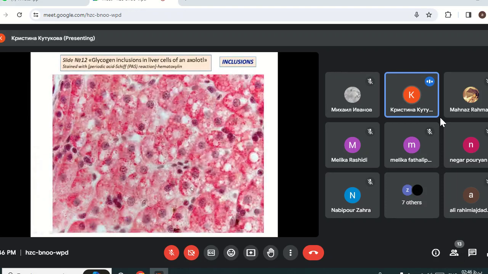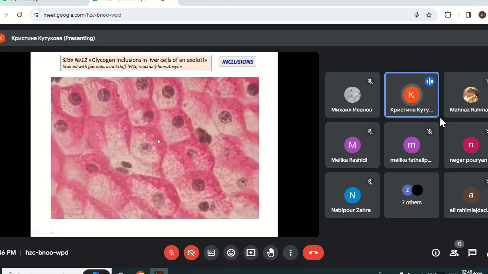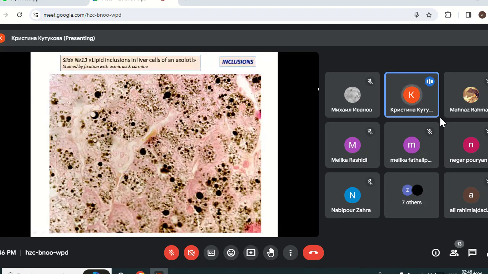At high magnification, you can see these cells, hepatocytes. I'm showing the border of one such cell with its nucleus, and cytoplasm filled with red-colored glycogen granules. The same is here. The same section of the same liver of axolotl, but stained with osmic acid. Osmic acid, as you remember, is for staining lipids.